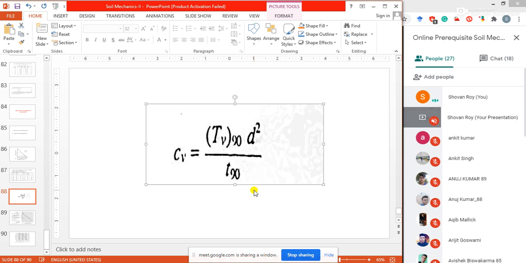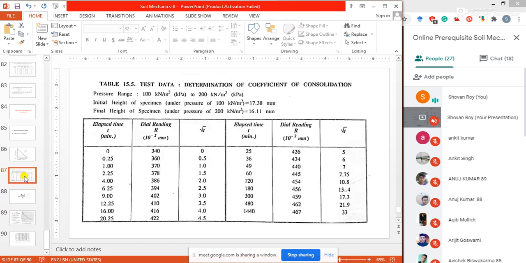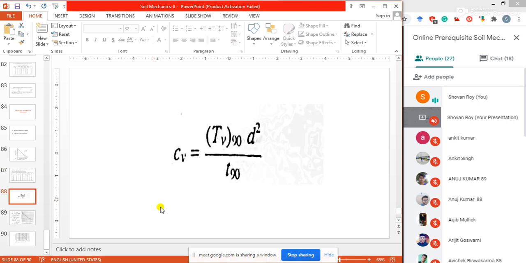Structure and soil, these two subjects are very important, and for the time being you have these subjects available, only structure, soil and transportation. So these chapters are very important for GATE and other exams also.